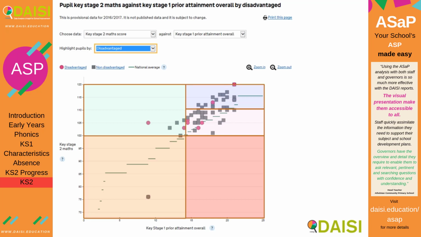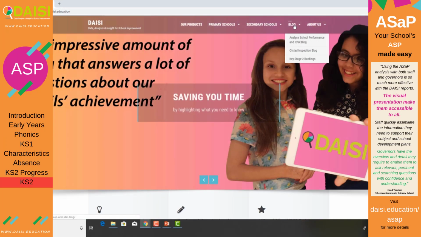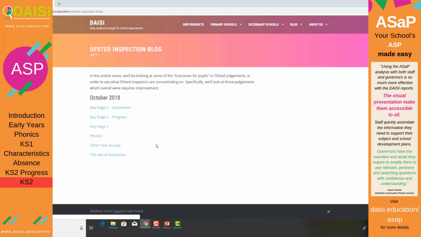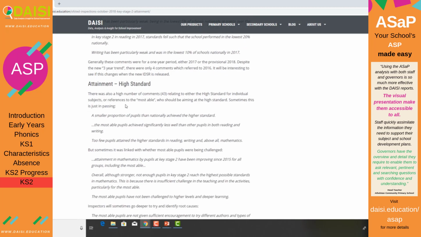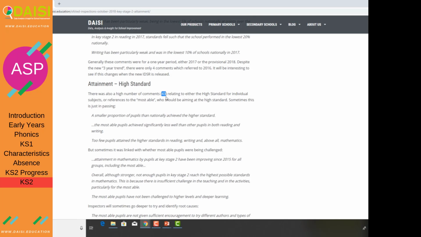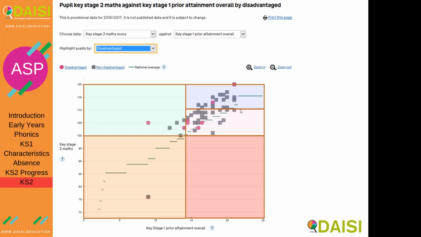You will see from recent Ofsted inspections, and you'll find an analysis of this if you come to our website and click on blog, Ofsted inspection blog, and Key Stage 2 attainment, that there is a lot of focus obviously at the expected standard, but equally at the high standard. 43 out of the 50 inspections commented about the high standard. So that's why I divide it this way. So again, I look at individual pupils in this manner.